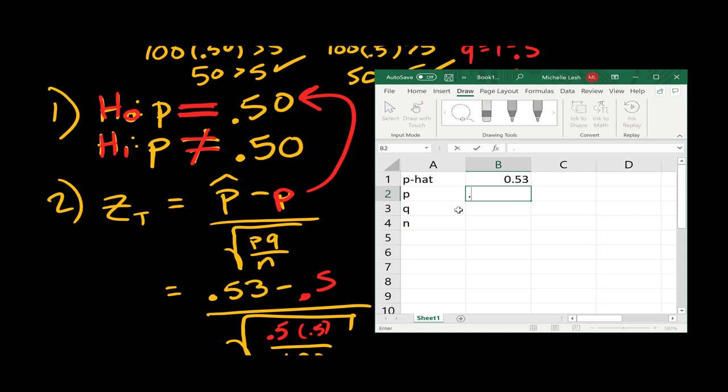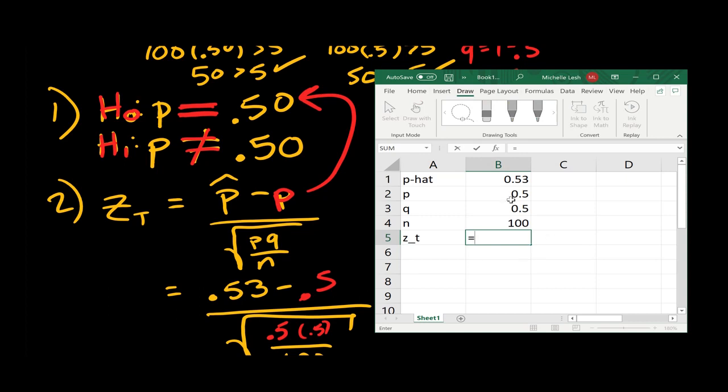P is 0.5. Q is equal to 1 minus this cell, 1 minus B2, whatever P is. There's also just 0.5, I could have just typed in 0.5. N is 100.